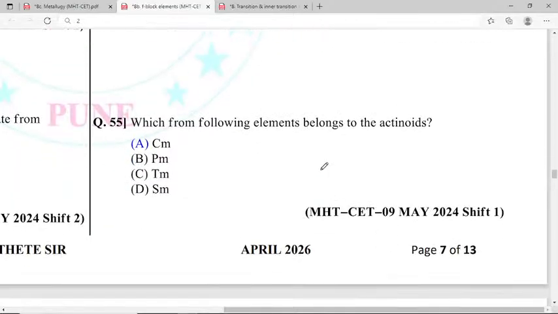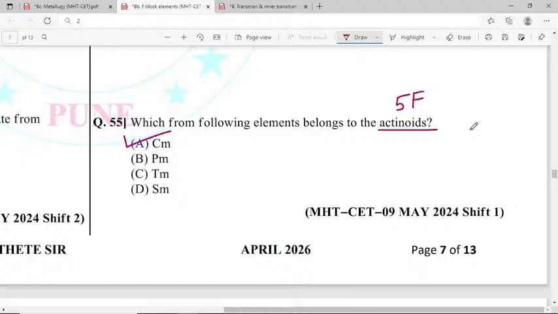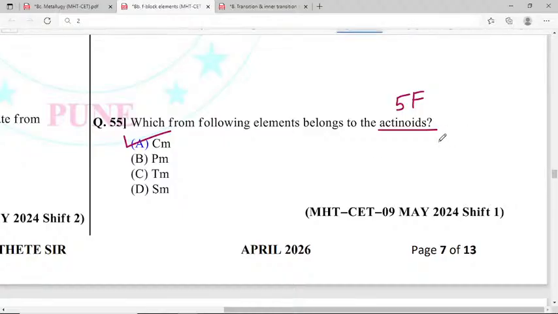Which of the following elements belongs to the actinoids? Actinoids are the 5f series, the second inner transition series. Curium is your answer. Curium is the actinoid and the remaining are lanthanoids.